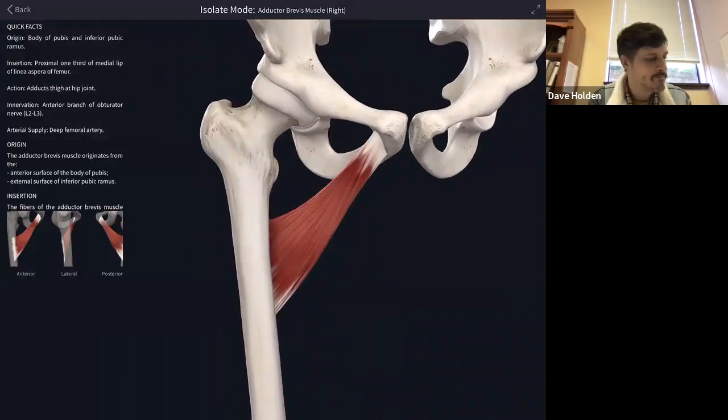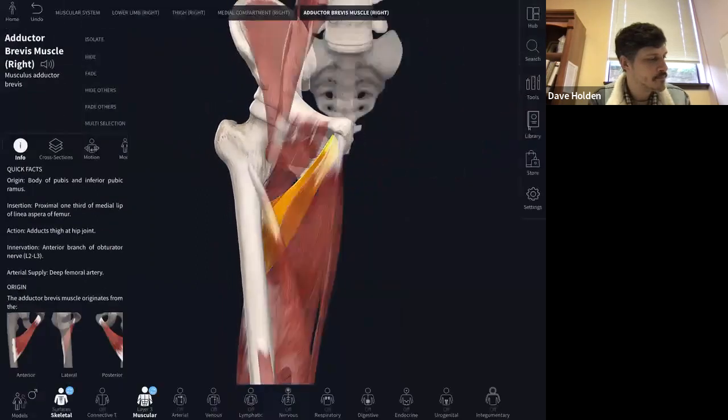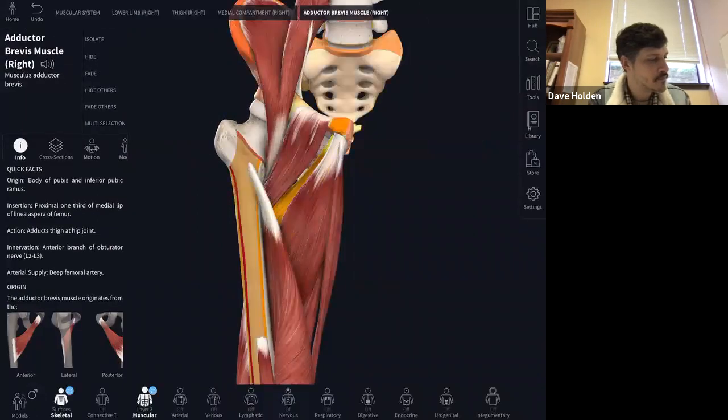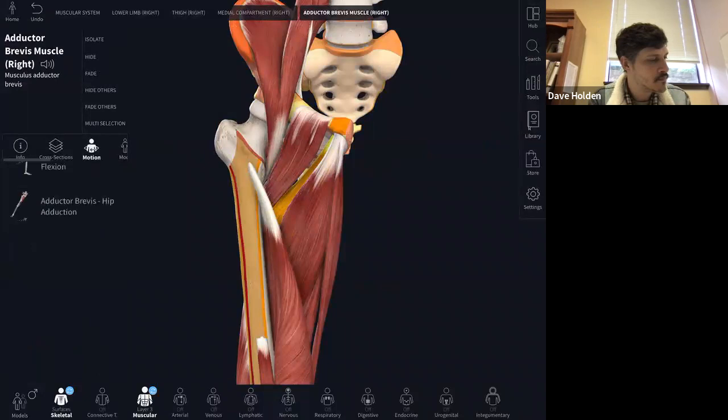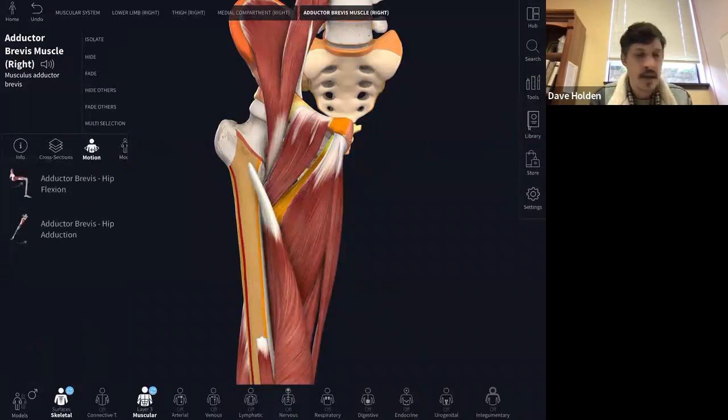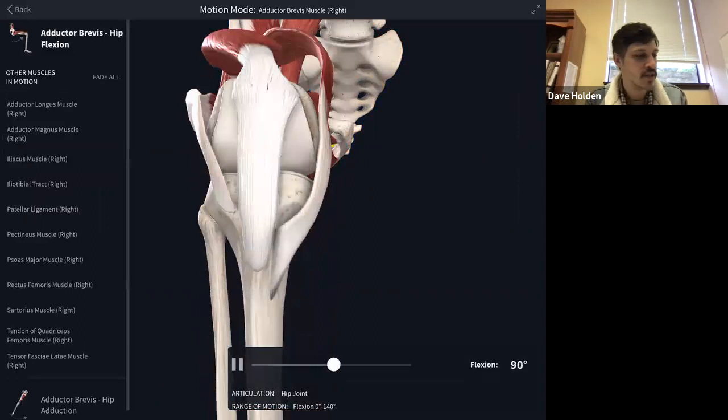Sorry. The only actions that this app shows us are the flexion and adduction. It does not show us medial rotation.